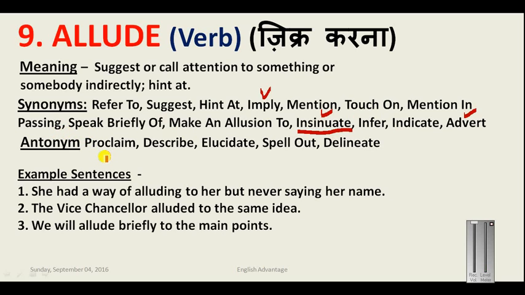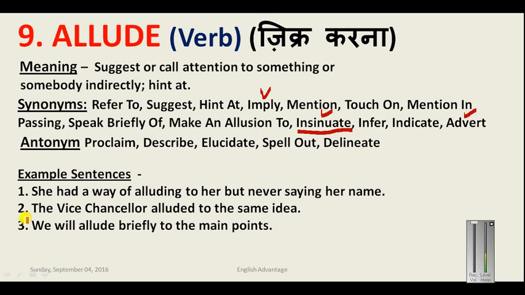Now the antonyms for this word will be proclaim, describe, elucidate, spell out, and delineate. Delineate and describe are two words starting with the same letter. So you can remember this in this way: describe and delineate, and advert and allude.